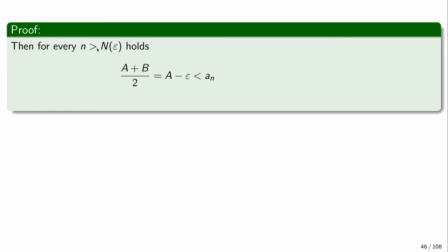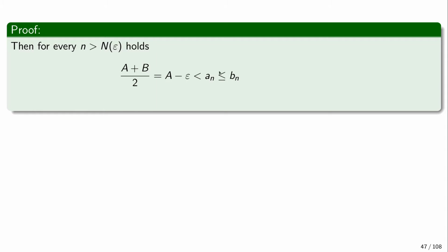On the other hand, n is greater than n of epsilon, and n of epsilon is also greater than n0, and therefore this part of the inequality also holds. An is no bigger than bn starting from n0, and n is bigger than n of epsilon, that is greater than n0, so this inequality holds as well.